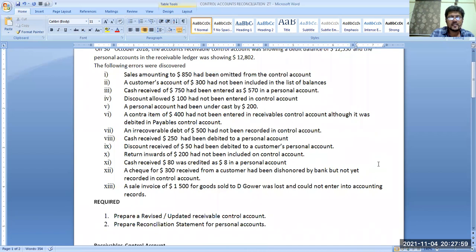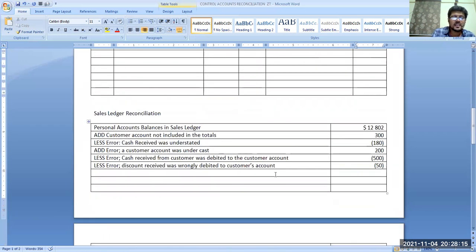Then cash received 80 was credited as 8 in the personal account. When we receive cash, the customer account is decreased. It's supposed to be decreased by 80, but it is decreased by 8. So there is a problem, a difference of 72.